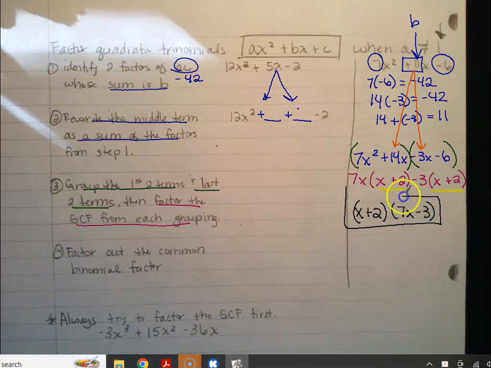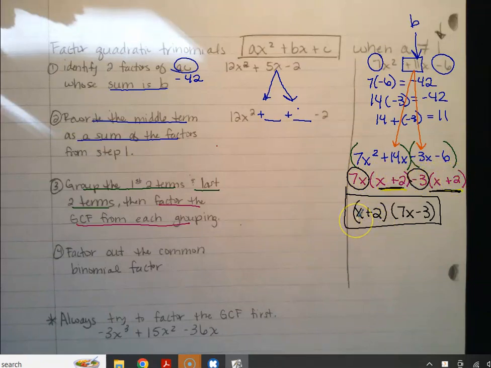And then we're done. What about the other numbers? What other numbers? Where's the 7x? They came from here. What was left behind? There was a 7x here and a minus 3 here. Because these are the same, we factored, but then we said, hey, these are the same, we can factor that out. 7x is being multiplied by x plus 2, and negative 3 is multiplied by x plus 2.